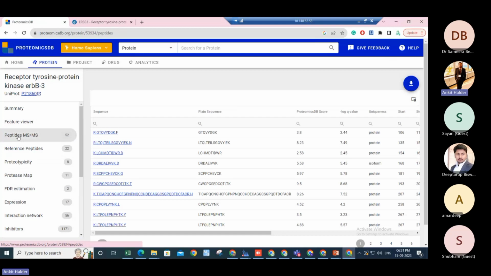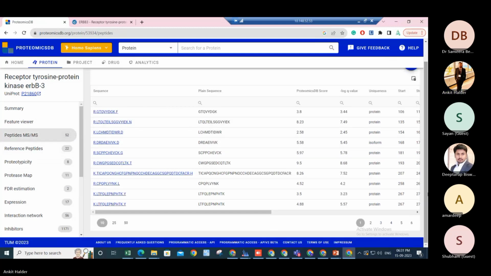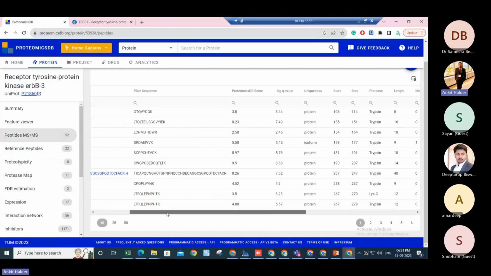Here you can see that it has given you the peptides, mostly trypsin peptides, and how much chance there is for your peptides to get detected. Here they have provided their ProteomicsDB score based on certain parameters. Then this is your log Q value, which you can go and filter on.